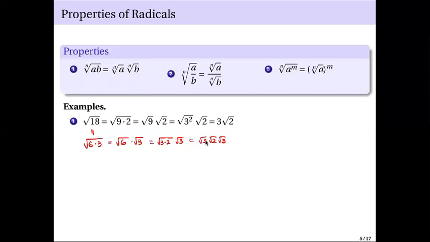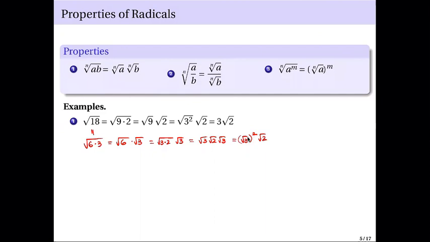But then again, you have square root of 3 here. You are multiplying it to square root of 2 and square root of 3. So this can be written as square root of 3 quantity squared, times square root of 2. So if you look at this, you have square root of 3, but you square it, okay?